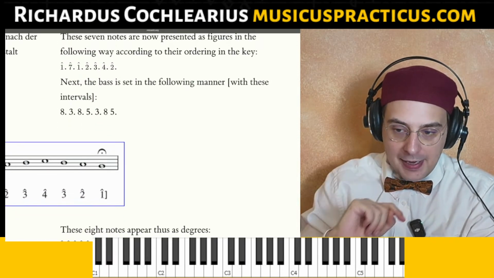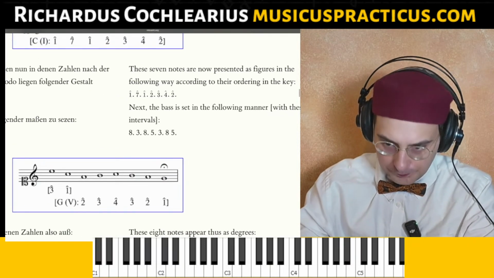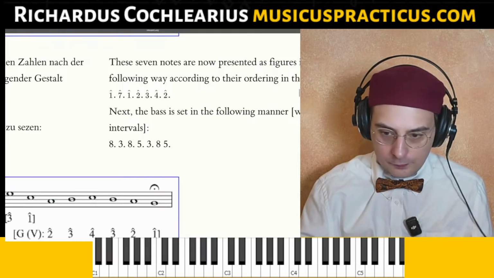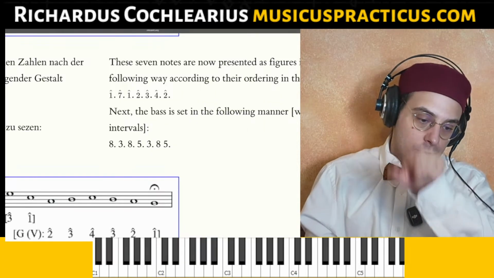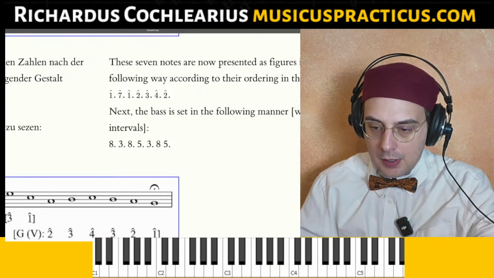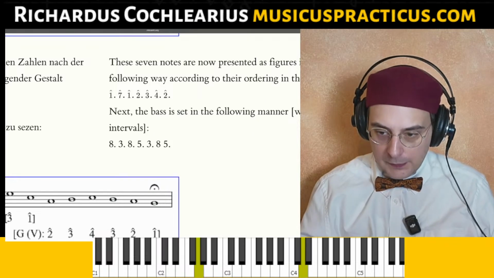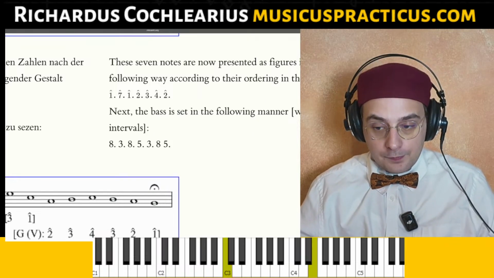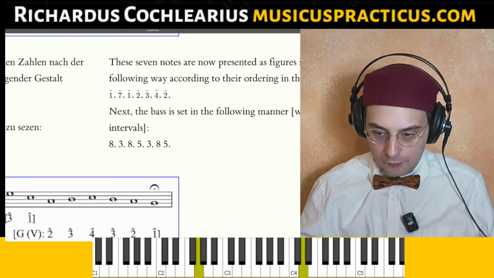Next, the bass is set in the following manner, with these intervals. 8, third, counting from the top to the bottom, 8, fifth, third, octave, fifth.